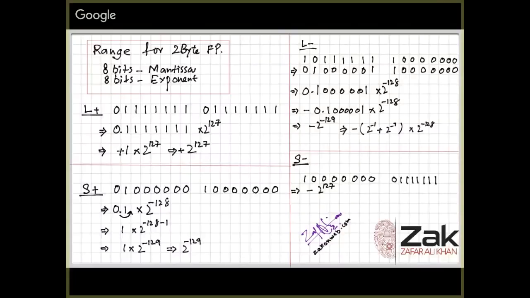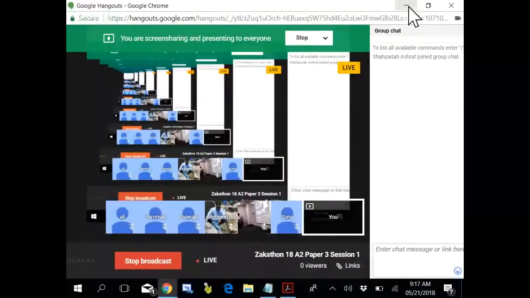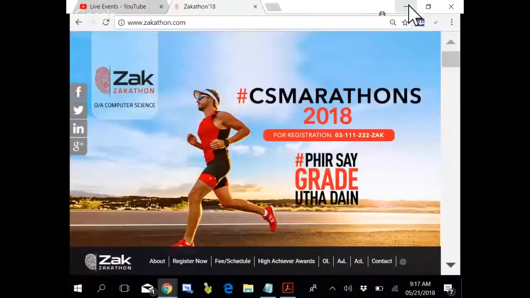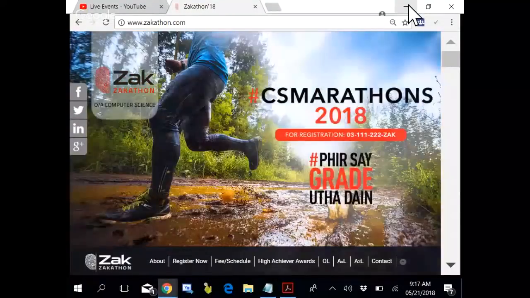Now, there are errors called accuracy errors or whatever you call, that we have to understand in terms of programming. Which data type corresponds to floating point? Single.